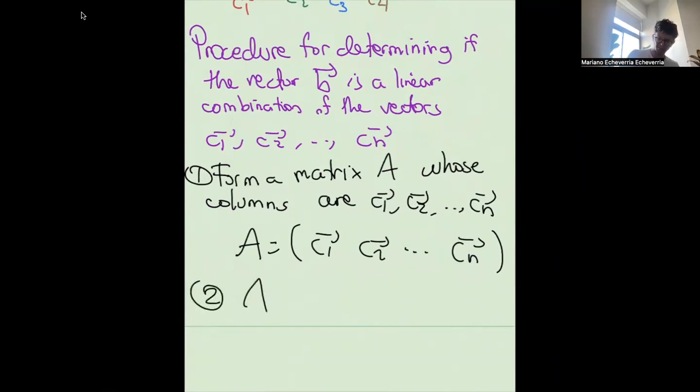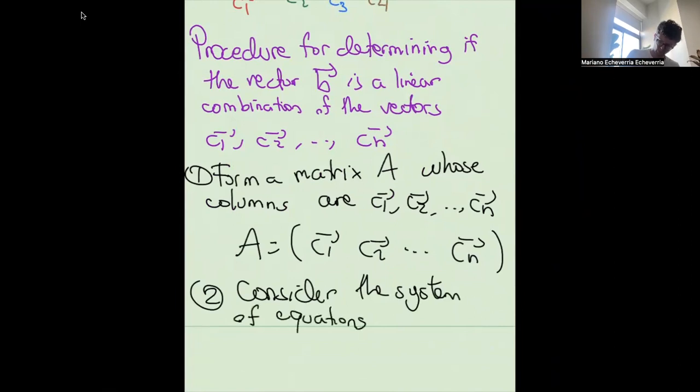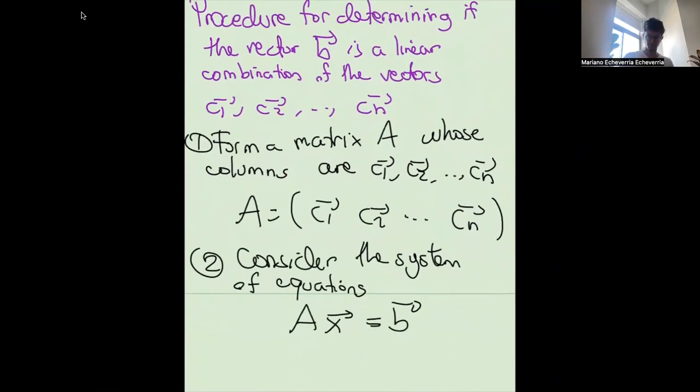So consider the system of equations AX equals B. If the system has a solution, then B is a linear combination.